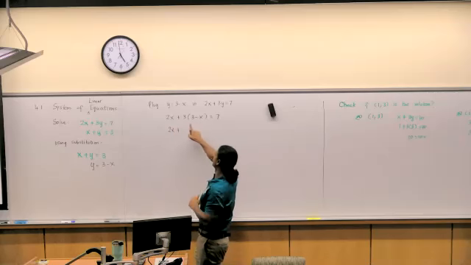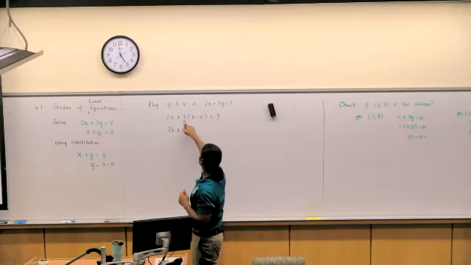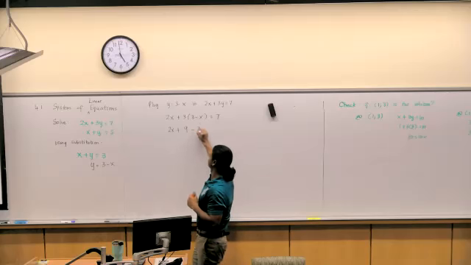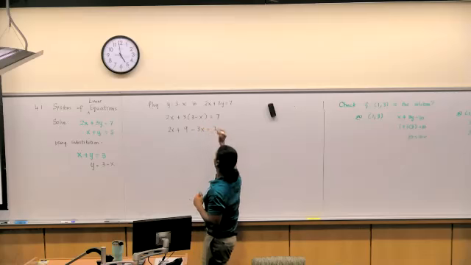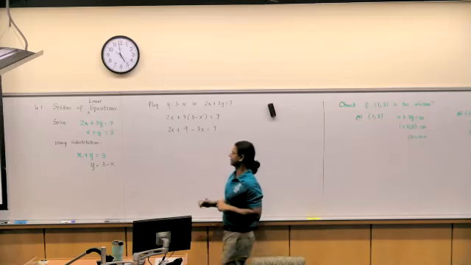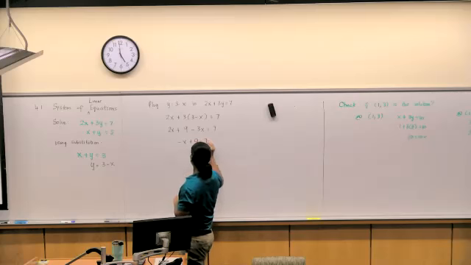Distribute the 3. 3 times 3 is 9. 3 times minus x is minus 3x. What is 2x minus 3x? Negative x plus 9 is equal to 7.